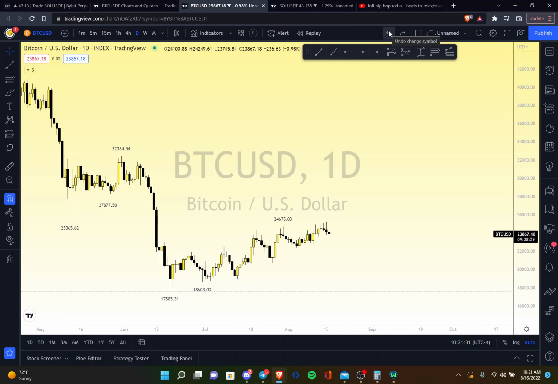Sitting on the VWAP, we are probably going to see it go up if it can break. There's a short-term trend line right here, from this high to this high. If it can break that, we'll probably see it rise back towards this trend line here.